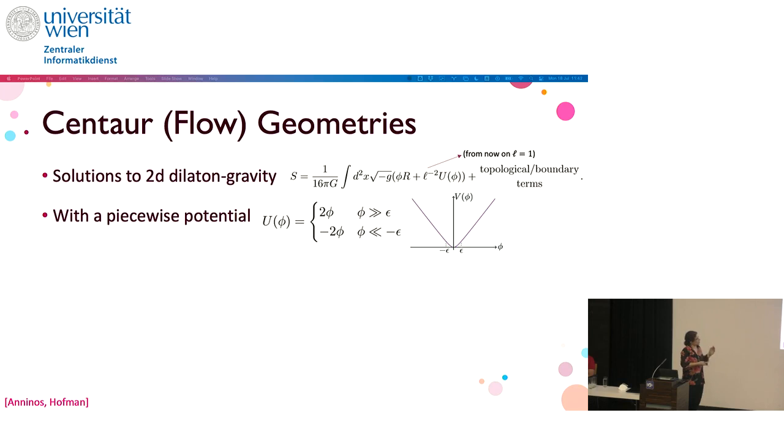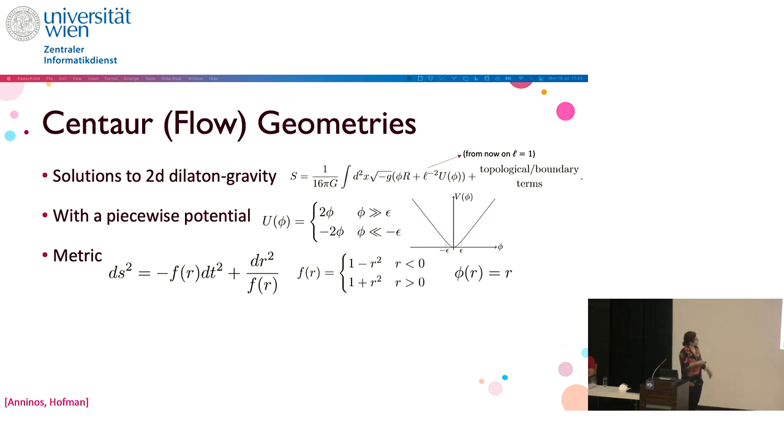Essentially, the slope of the dilaton potential is what determines the curvature of space. It's proportional to minus the Ricci scalar. So this geometry exactly will be de Sitter below a certain value of the radial coordinate and ADS above this value. And the metric is just as you would expect.